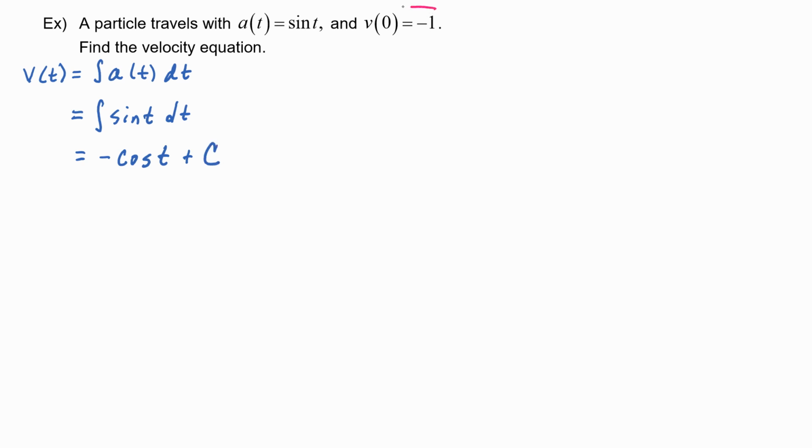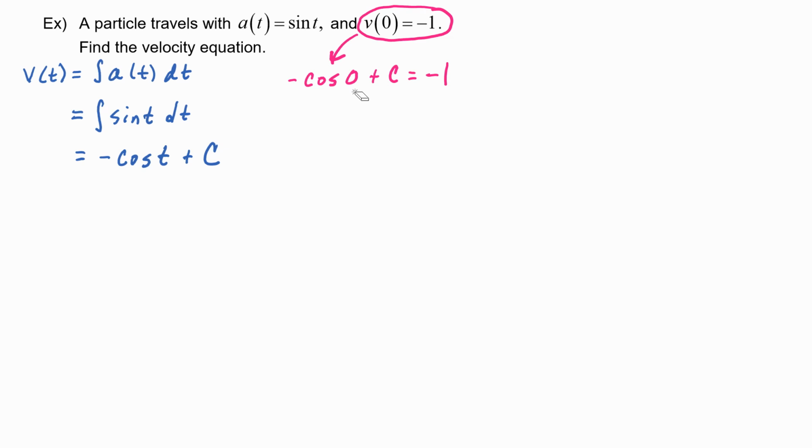Now we are told that v of 0 is equal to negative 1, so we can use that by plugging into the velocity equation. Negative cosine of 0 plus c has to equal negative 1.